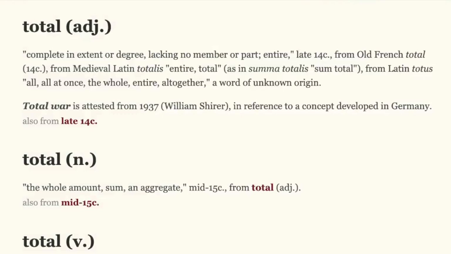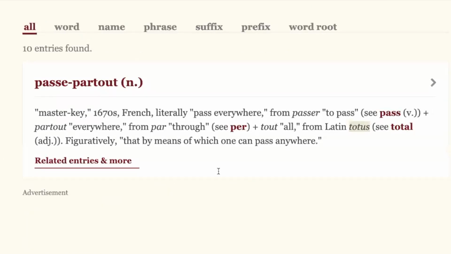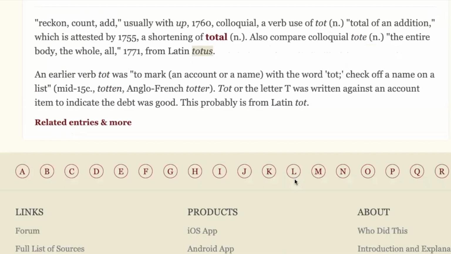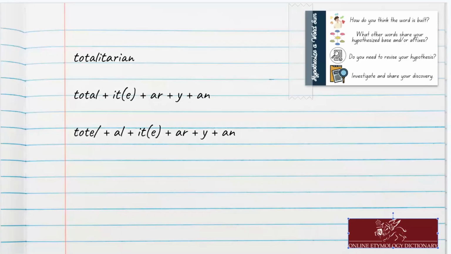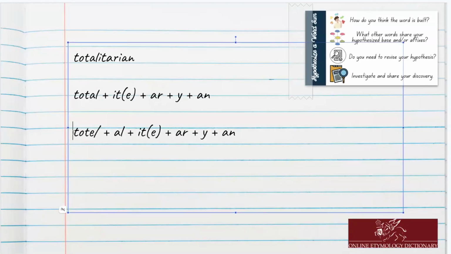But if I go back here and I search for other words, okay. Based on what I see in Etymonline, I'm going to put a little asterisk here. Remember, when you see an asterisk in word building, it means nope, there's something wrong in that word sum. That is not a correct word sum.